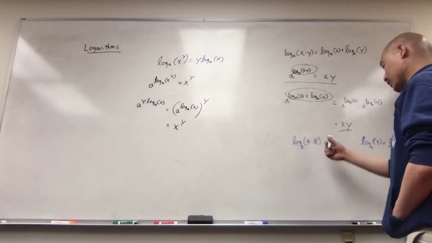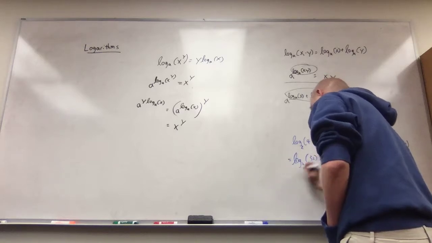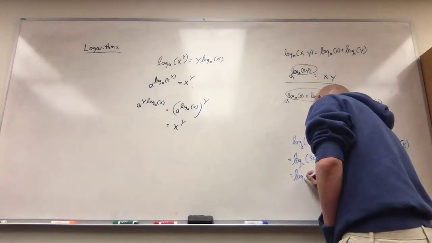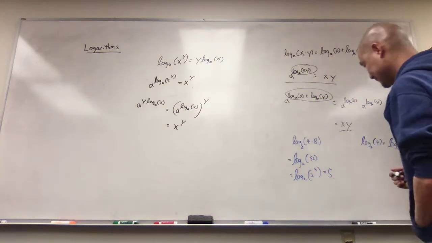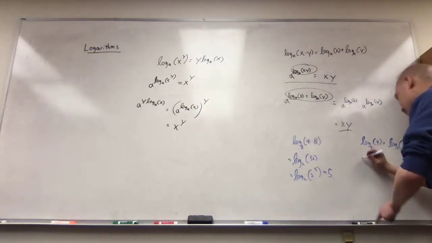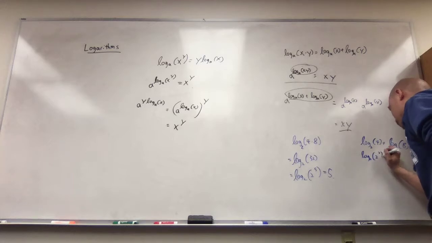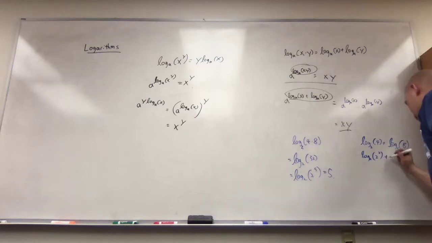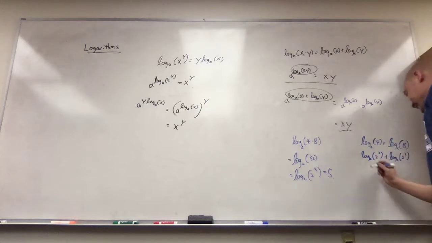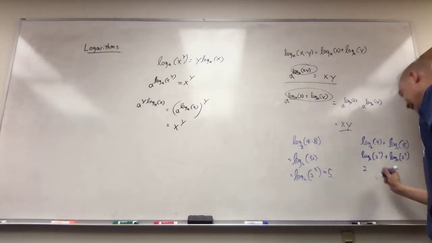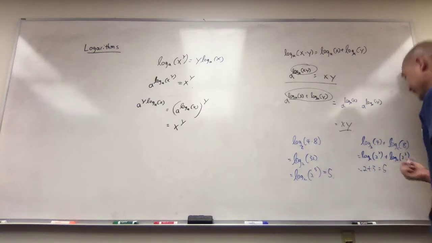Log base 2 of 4 times 8 is log base 2 of 32, which is log base 2 of 2 to the 5th, which is 5. Whereas log base 2 of 4 is log base 2 of 2 squared, and log base 2 of 8 is log base 2 of 2 cubed. That gives me 2, and that gives me 3, which gives me 5.